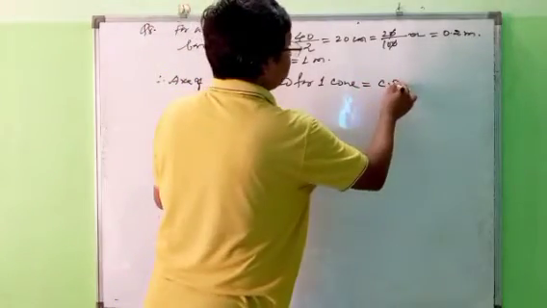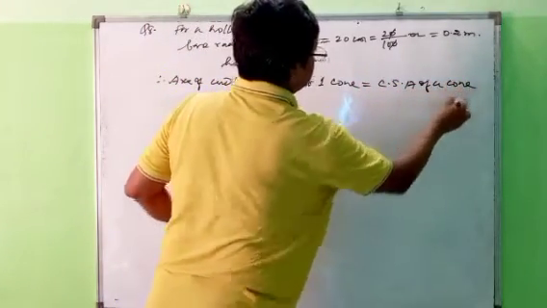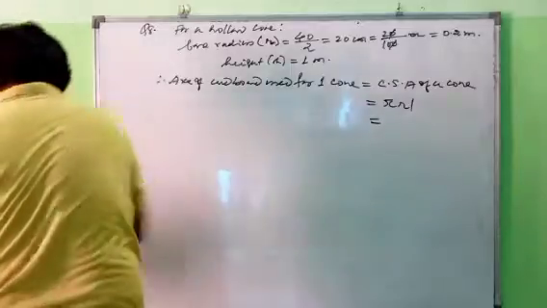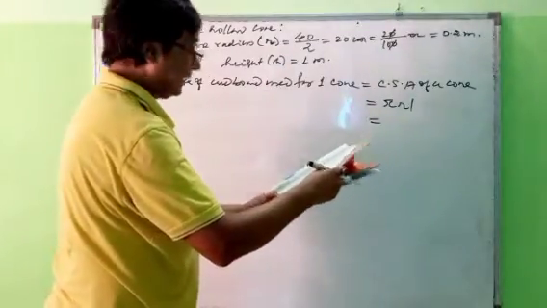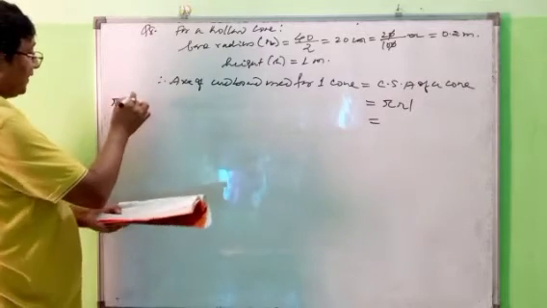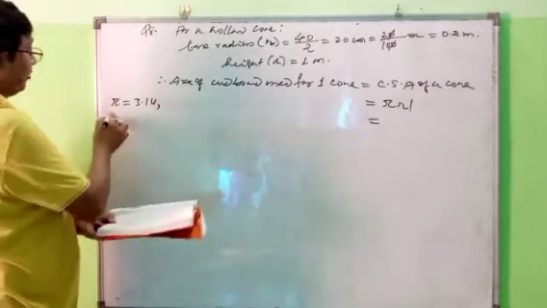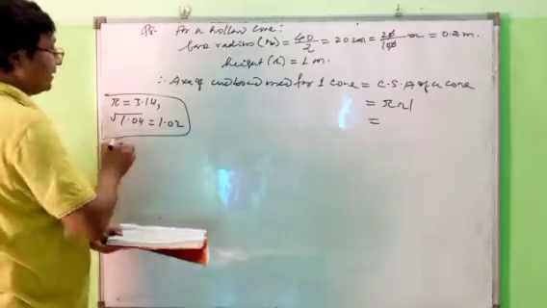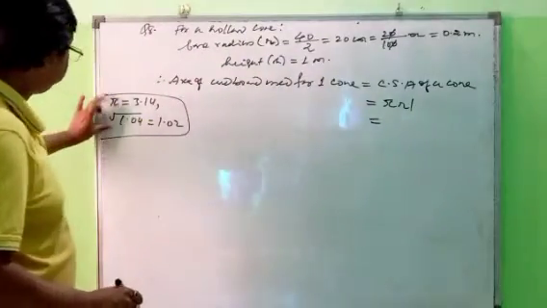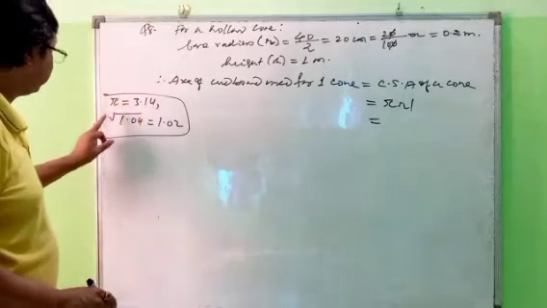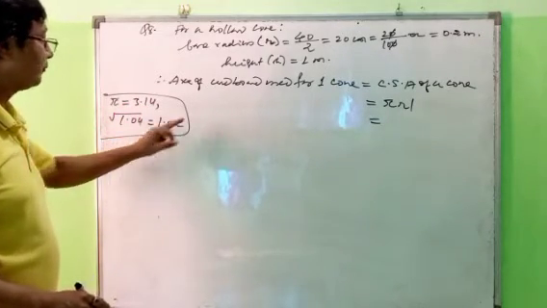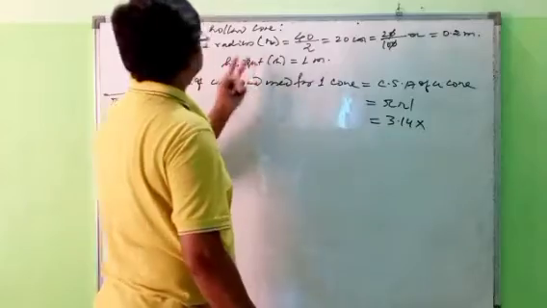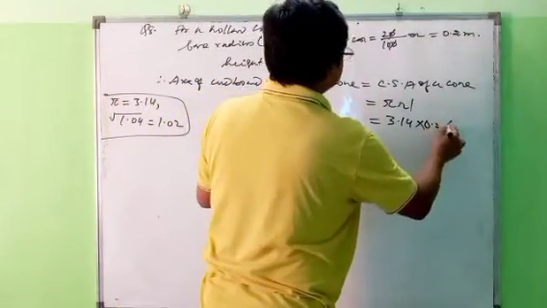So it equals the curved surface area of a cone, which is pi r L. Two values are given at the end of the question: pi is 3.14, and the square root of 1.04 is given as 1.02. So pi is 3.14 into radius 0.2 into L.